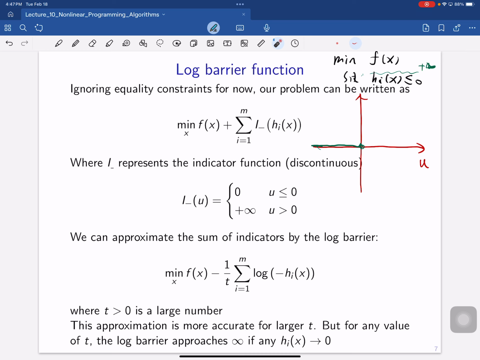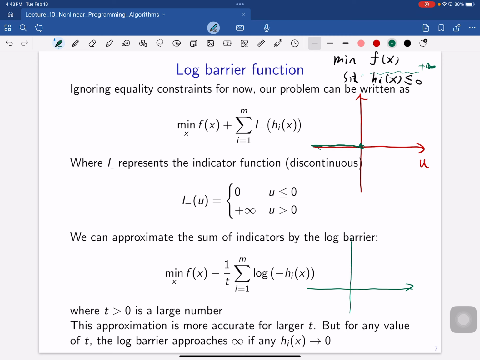Now, the log barrier algorithm says, instead of having an indicator function, we will introduce something called a log barrier function to approximate the indicator function. The log barrier function looks like this: minus 1 over t, the summation over all the constraints, of log of minus h_i(x). Let's think about how this function looks. How does a log function look?